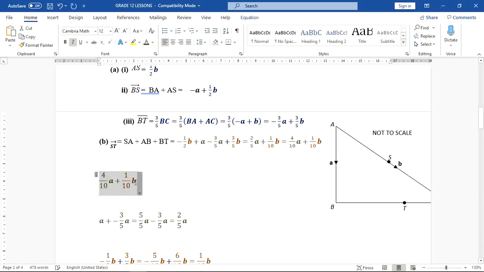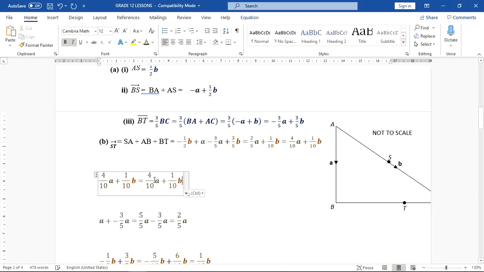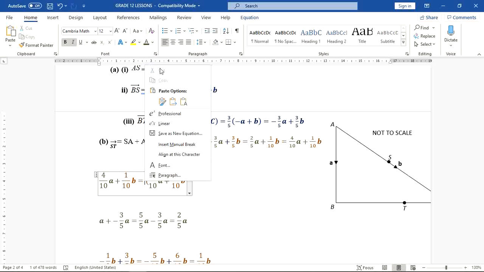I don't have to copy because it's already on the clipboard. I just need to paste it, and then I say the common factor is 1 over 10. One over 10 is a common factor.